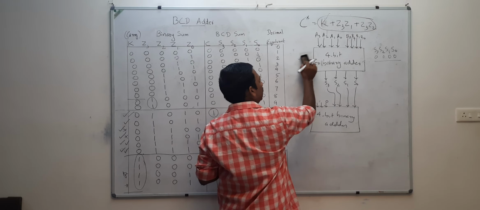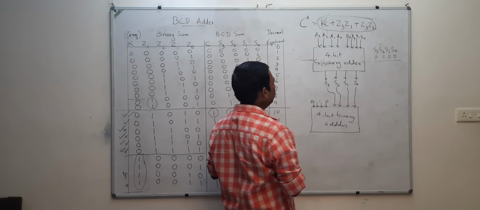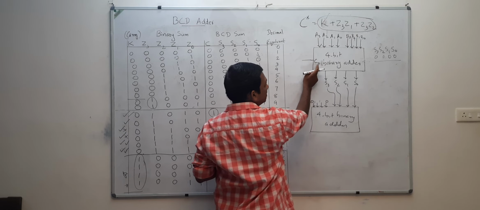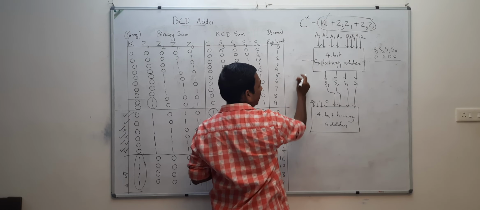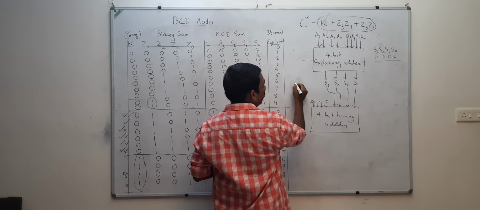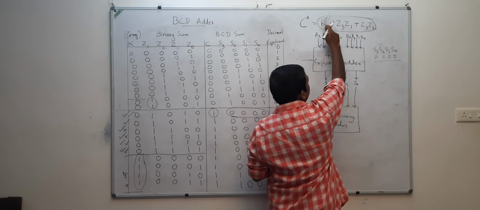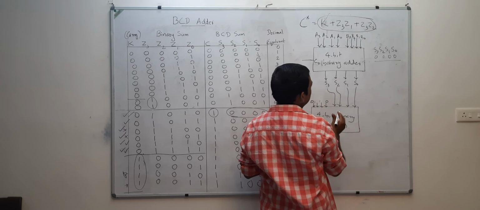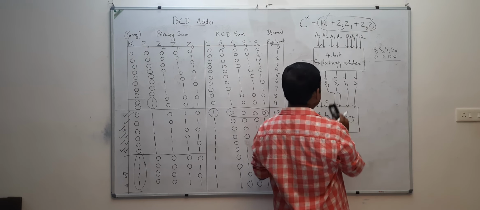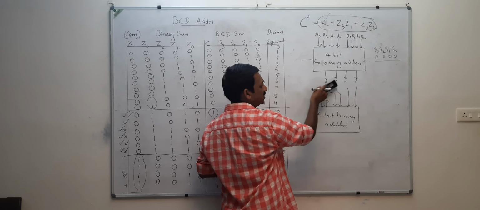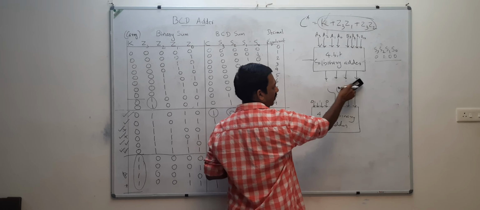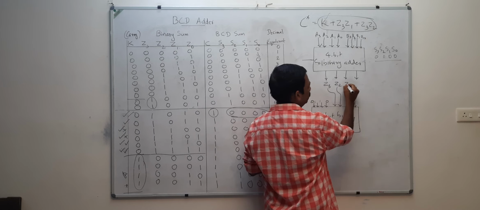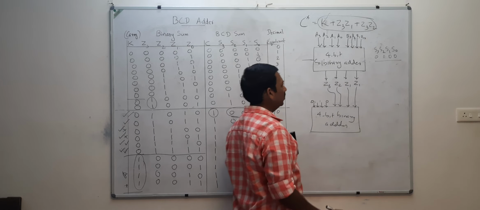Now here we are going to have an expression, that means this is the carry output, and you are going to find out this C star. Actually, this is not S3, S2, S1, S0, this is Z3, Z2, Z1, Z0. Okay.